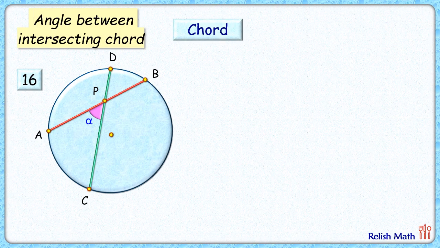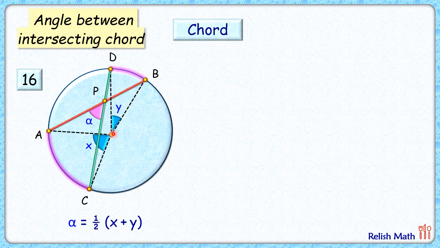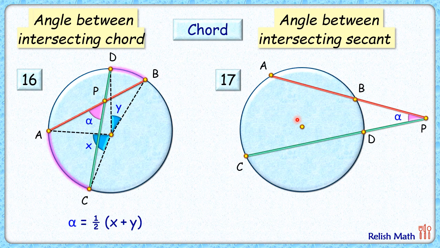Next is a direct formula to find the angle between two chords. The formula goes: alpha is half of x plus y, where x is the angle subtended by arc AC at the center of the circle, and y is the angle subtended by arc DB at the center of the circle. You can find the angle between these chords even if they are not intersecting inside the circle but intersecting outside the circle.